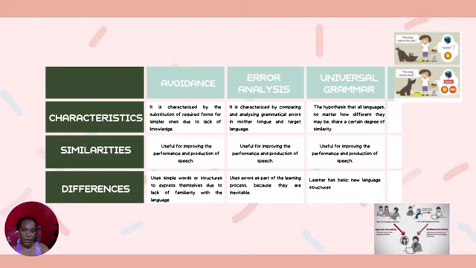Similarities: avoidance, error analysis and universal grammar are useful for improving the performance and production of speech. And differences: avoidance uses simple words or structures to express themselves due to lack of familiarity with the language. Error analysis uses errors as a part of the learning process because they are inevitable. A universal grammar learner has a basic new language structure.